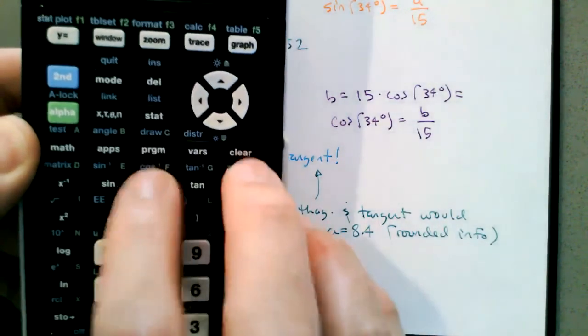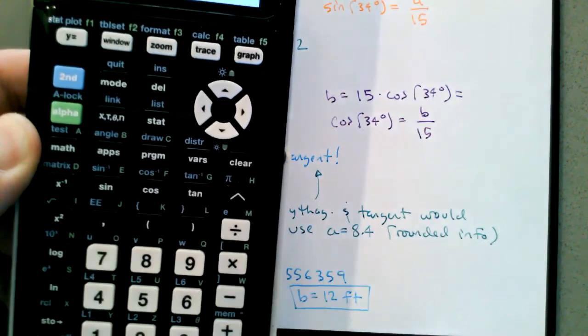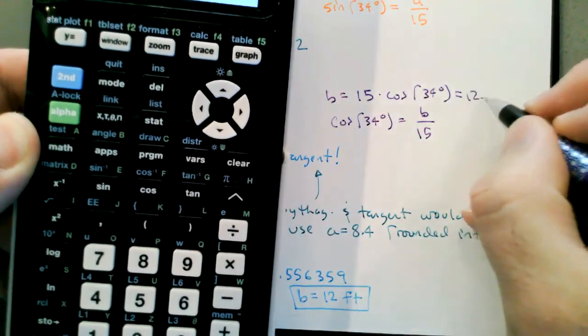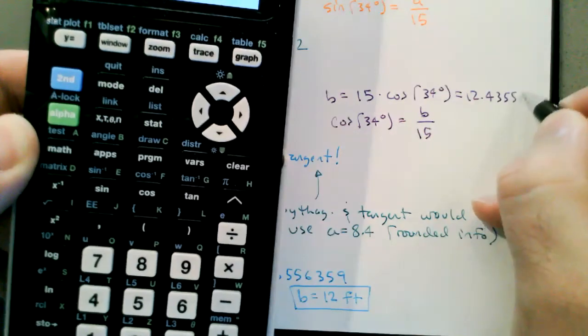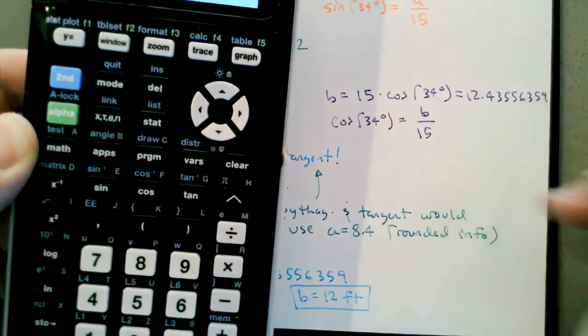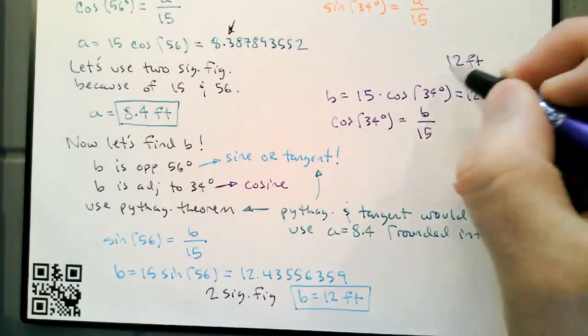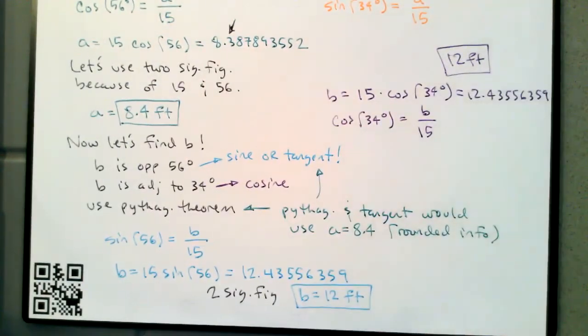So 15 cosine of 34 is 12.4, the same. And so we would still land on 12 feet. Any questions?